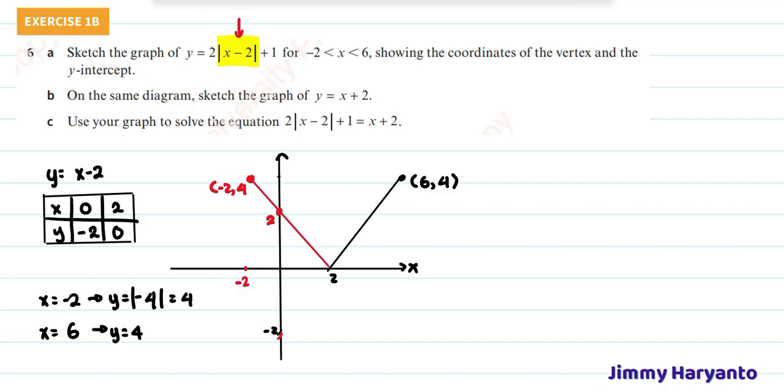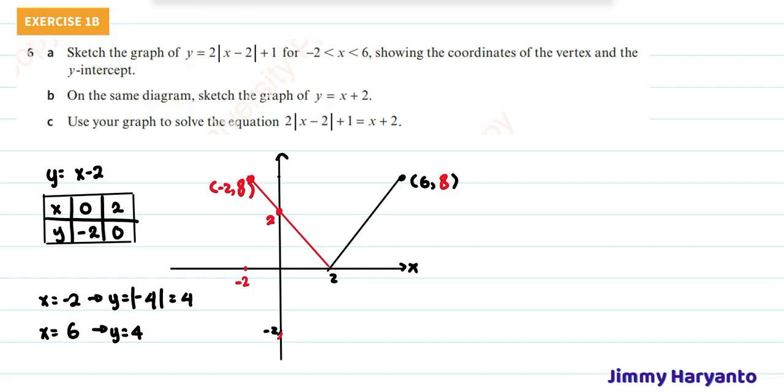And then we have the transformations, which is a stretch by a scale factor of 2. Stretch by a scale factor of 2 in the vertical direction or y direction means you have to multiply the value of y by 2. Let's say this one, the value of y equals 4. You only have to multiply it by 2, so you have 8 right there. And then this one also 4 multiplied by 2, so you'll have 8 right there.